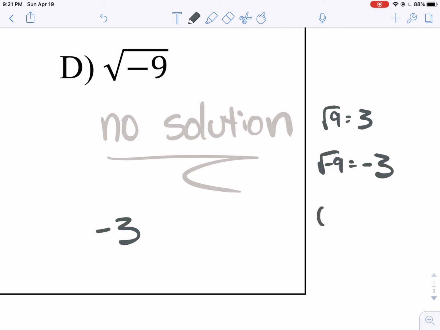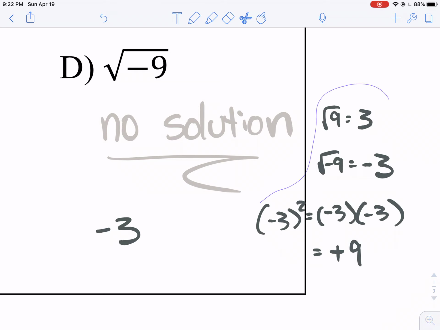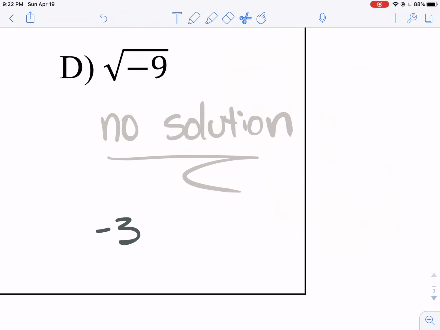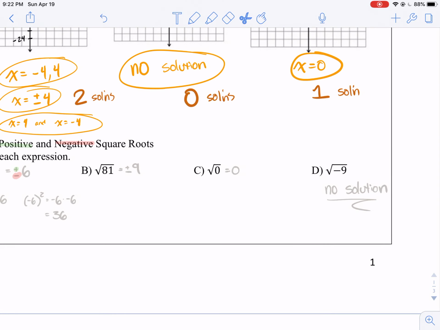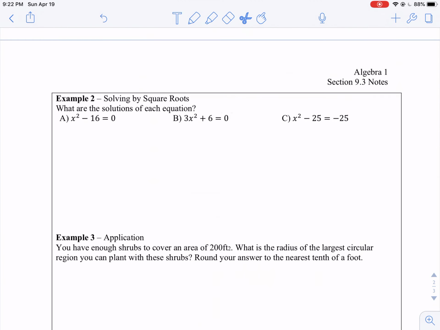Well, let's find out. What is negative 3 times negative 3? Because negative 3 squared is when you take it and multiply it by itself. Well, that's a negative 9. Oh, positive 9. So that's why negative numbers do not have square roots for now. So let's go ahead and solve each equation.